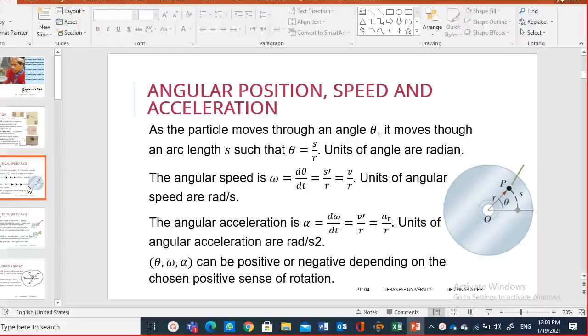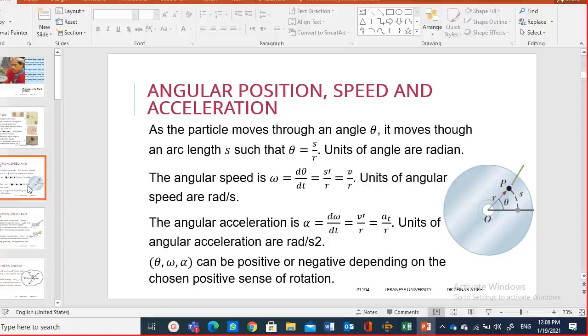Remember that in the case of a circular motion, each point on a disk, for example, this point P that appears in the figure, has a tangential acceleration if the disk is accelerating in angles, okay? All the time it has a normal acceleration because it's moving on a circle.